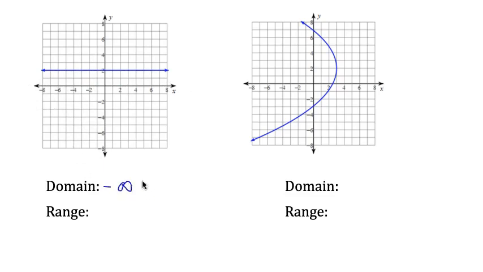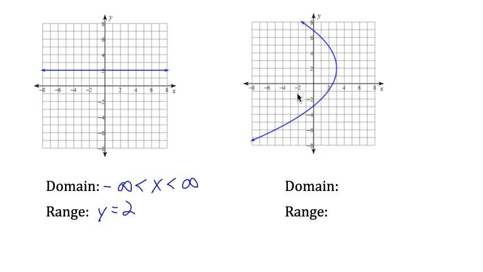So we could say all real numbers, or we could say x is in between -infinity and +infinity. And the range, well, this line only uses one y value, and that's the y value of 2. So we just say y equals 2.